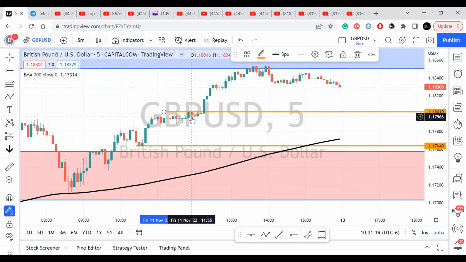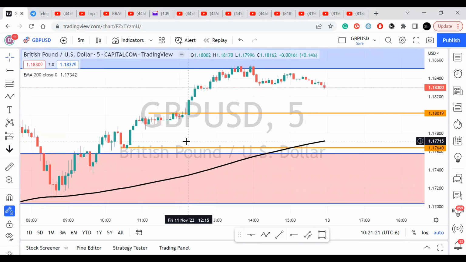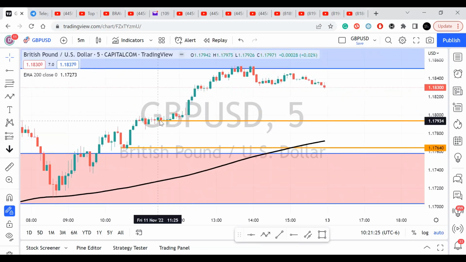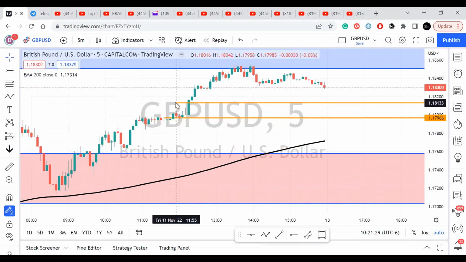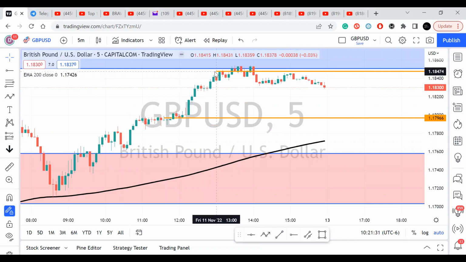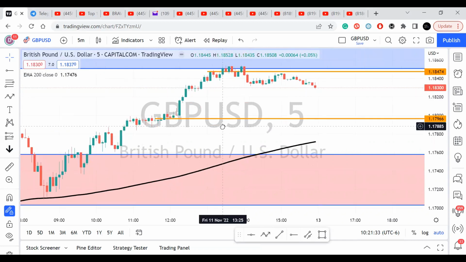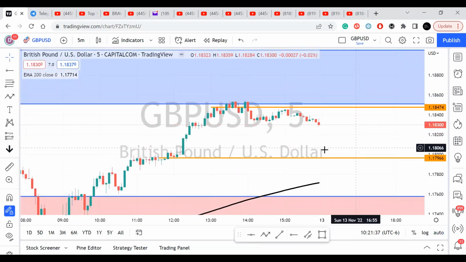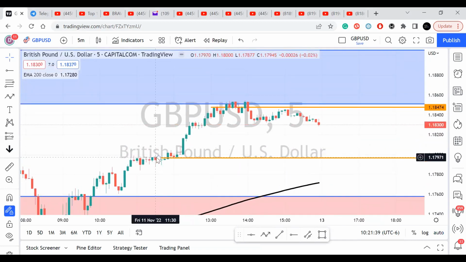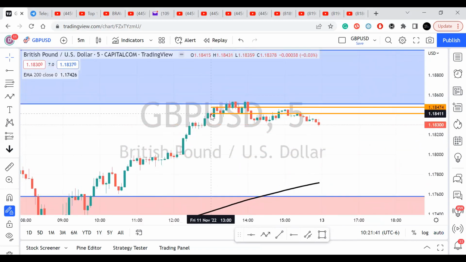So this is a structure on the 5 minutes time frame. From here, we had this low, and we have a new high here, a structural high on the 5 minutes time frame. Then from there, we have this low, we have a breakout of this high, and this was the low.